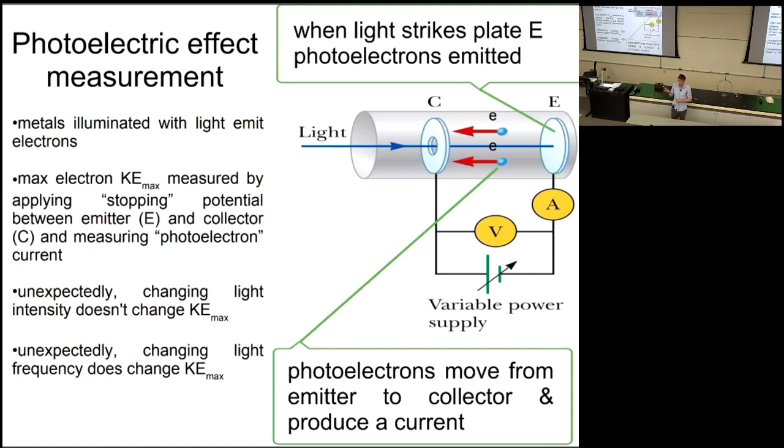So that's a very important feature of photoelectron emission in the photoelectric effect: what is the maximum kinetic energy of the electrons that you get, based on the color, the frequency, the wavelength of the light that you shone on the metal.